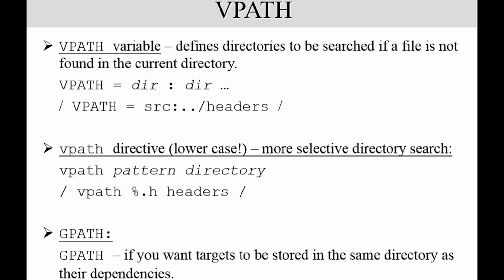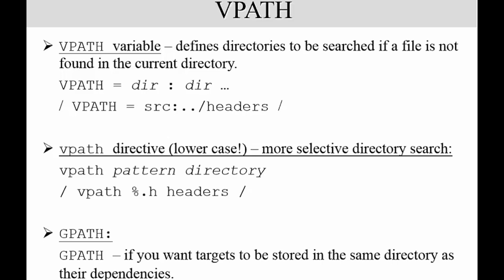And then if you want to specify a directive like the lowercase vpath, that's a selective directory search where you specify a pattern and then what the directory is. For example, here vpath %.h and then that is in the headers directory.